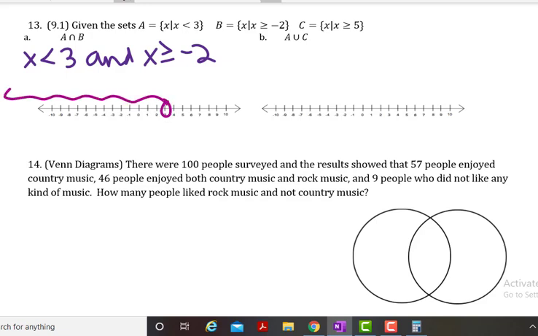Okay, everything to the left. So we circle 3 and we go everything to the left. Now x is greater than or equal to -2. Okay, we do a solid dot on -2 and it's everything to the right. Our final answer will be close bracket on -2 all the way to 3 open bracket.